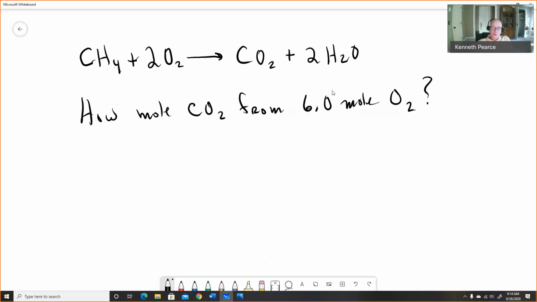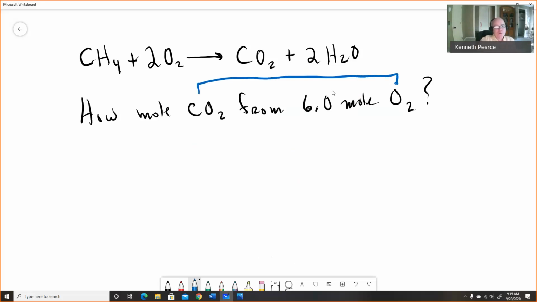Now, it doesn't matter whether we have them both on the same side, or if one's in the product or one's in the reactant, or they're both in products. It doesn't matter. All we're caring about is the pair. So where's the pair? Here's the pair right there. It's between CO2 and O2, and we're ignoring everything else that's in the problem.